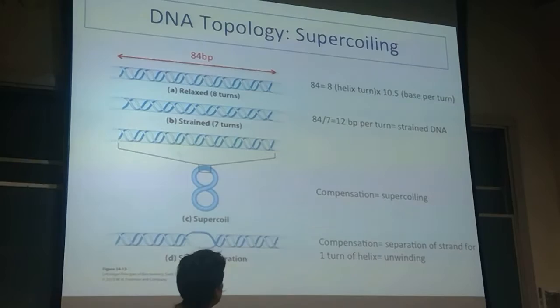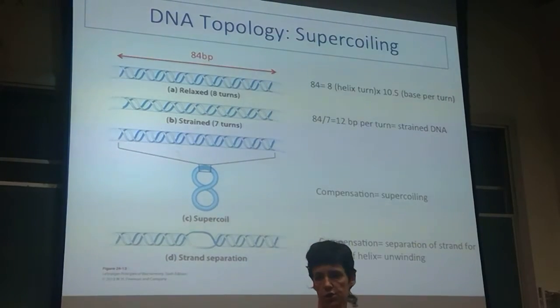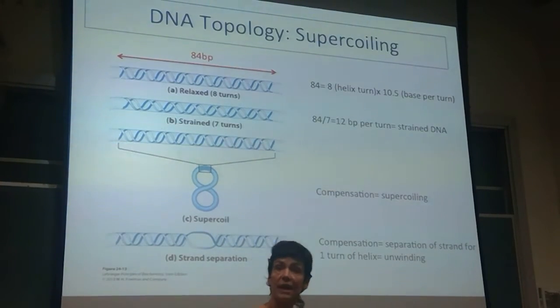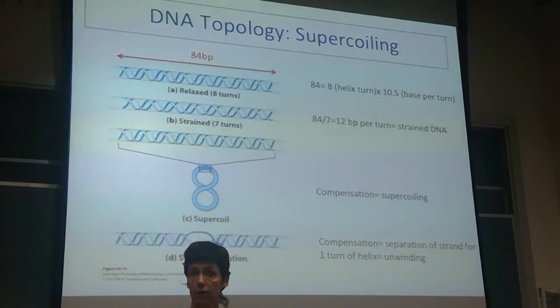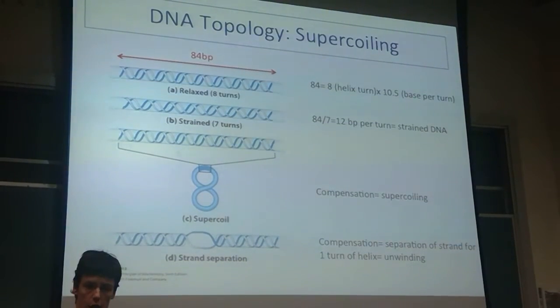Now you decide to strain it. So instead of 10.5 base pairs, you're going to put 12 base pairs per helix turn. You still have 84 base pairs in there. So in order to compensate for that loss of a turn, you're going to have that happen. It's going to pull.